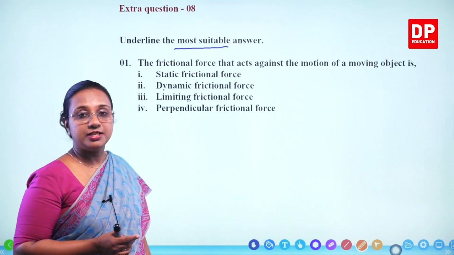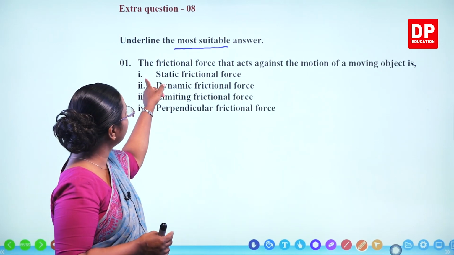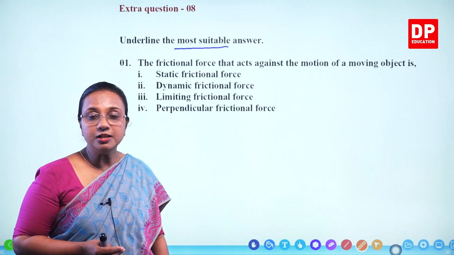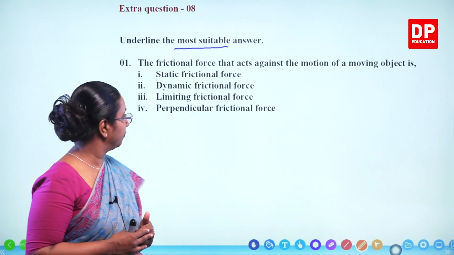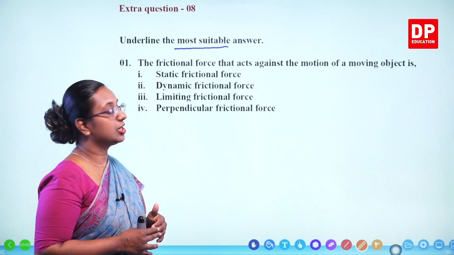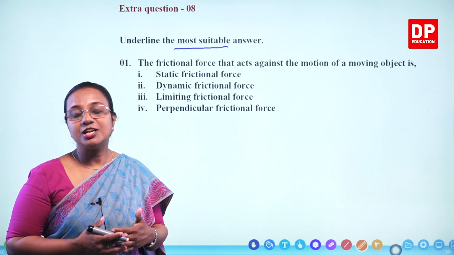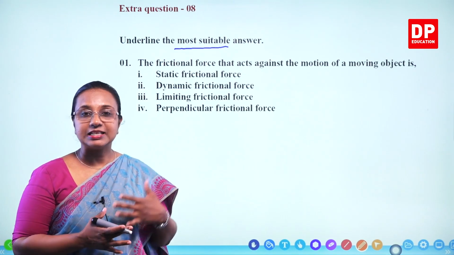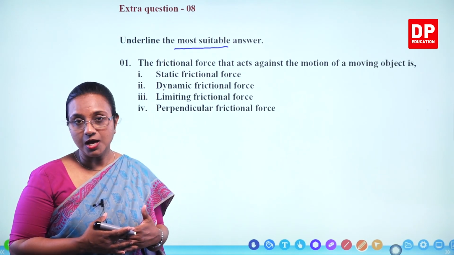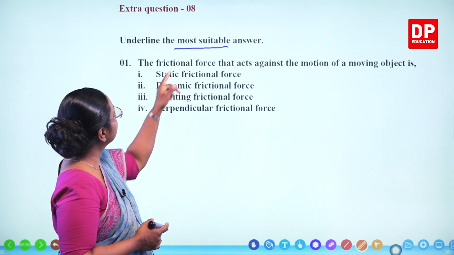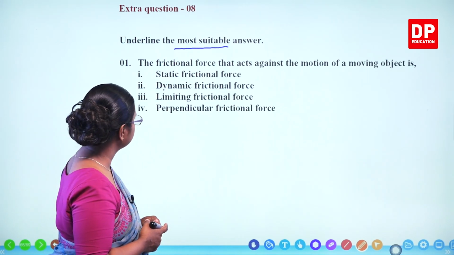Then the object is not moving, so we call it static frictional force. That is just before the object starts to move. Dynamic frictional force is the frictional force exerted by the contact surface against the motion of an object. So that will be the relevant answer.